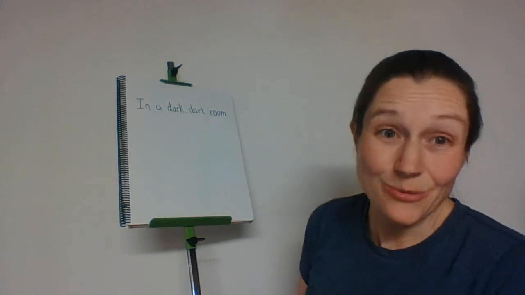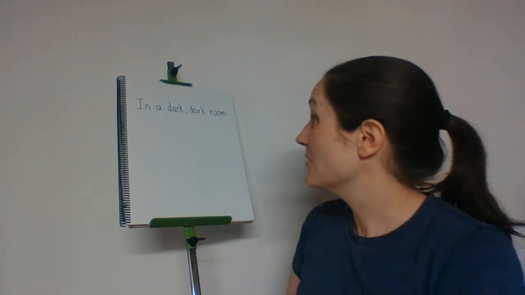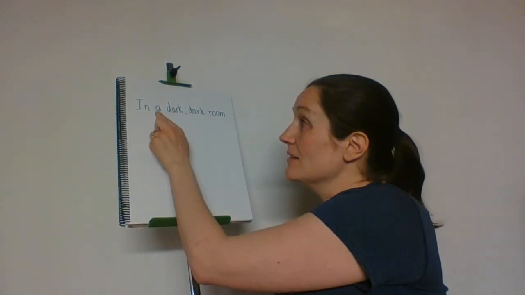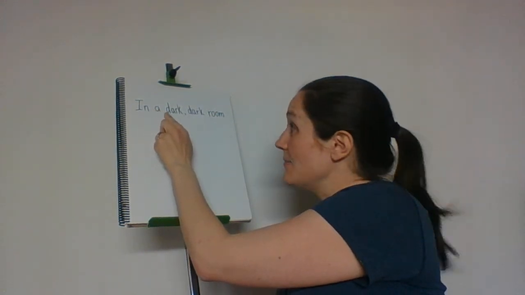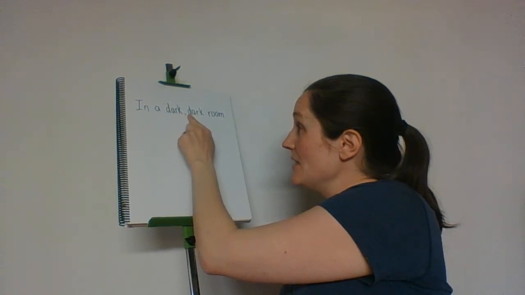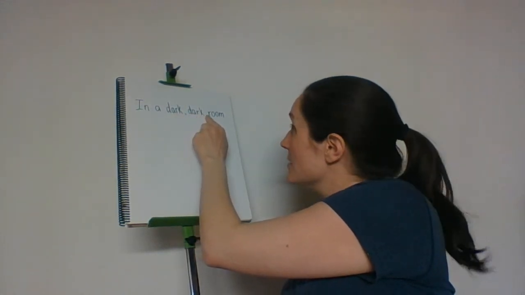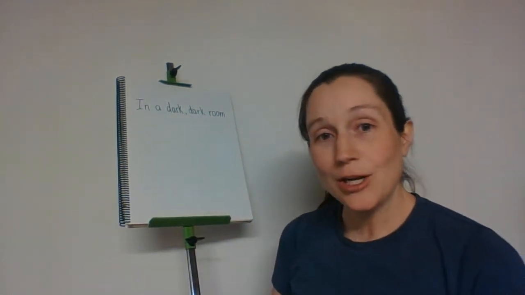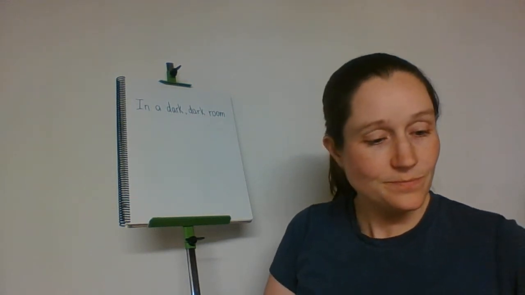And that makes it easier to read, right? Makes it clear. So, in, space, space, dark. There's some punctuation there. Space, dark, space, room. In a dark, dark room.